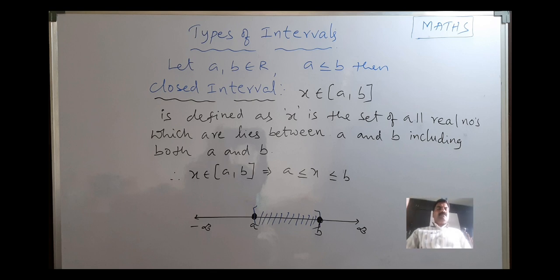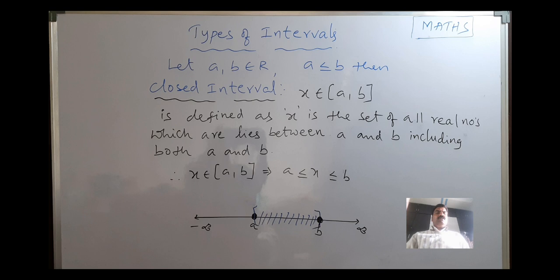x is the set of all real numbers which lie between small a and small b, including both a and b. That is, the set of all real numbers in between a comma b, including both a comma b.